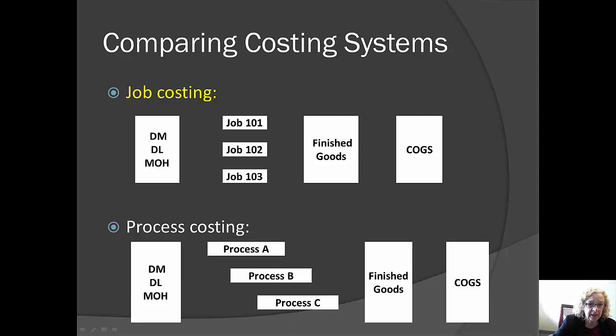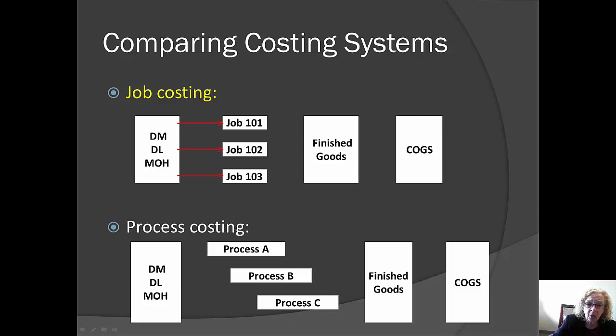In a job cost system, materials, labor, and overhead are added to our various jobs separately. This is because firms that choose this method believe that each job is different from all the other jobs in terms of what it needs from the firm.